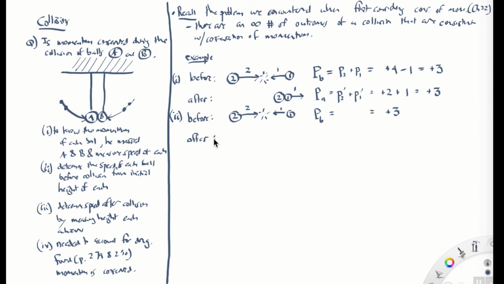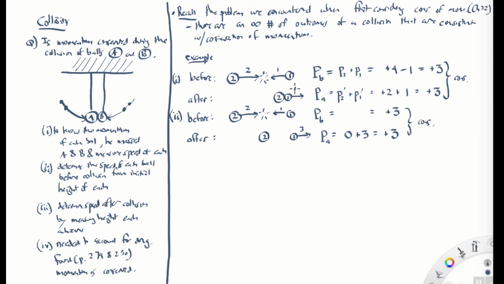And then after the collision, let's suppose that ball 2 is sitting still, it loses all of its speed, and ball 1 is now flying at a higher speed to the right, it's got a speed of 3. Well, what's the momentum of this system of balls after the collision? It's going to be the momentum of ball 2, which is 0, plus the momentum of ball 1, which is 3. So once again, we have a momentum of 3, right? So here we had a conservation of momentum, and once again here we have conservation of momentum.